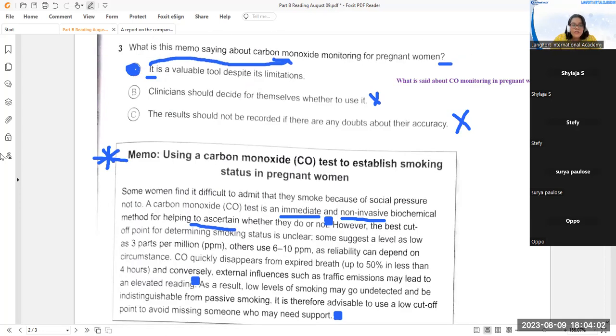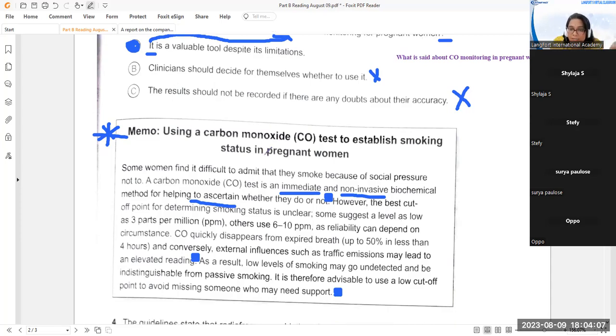Once again, okay. The memo is all about the carbon monoxide test to find out the smoking status in pregnant women. The first sentence says that some women have difficulty disclosing that they smoke. They are very hesitant to say they have a habit of smoking because of societal pressure. Then they say that the carbon monoxide test is an immediate and non-invasive method to confirm whether somebody smokes or not.